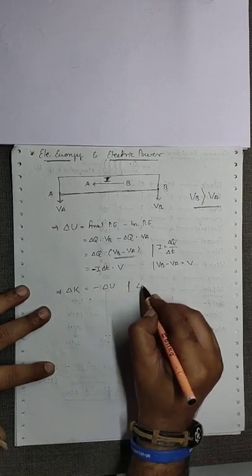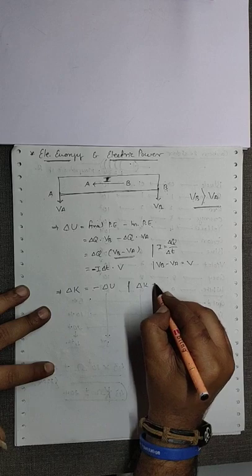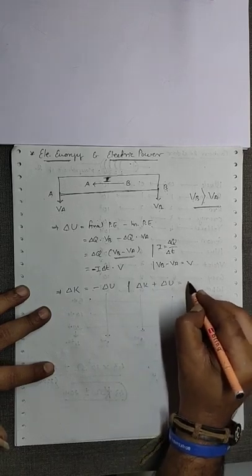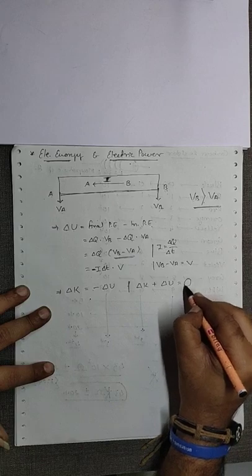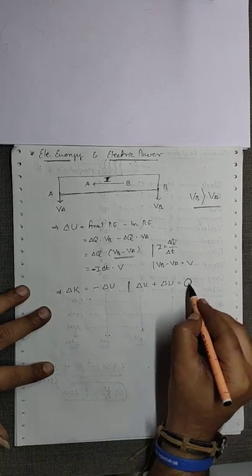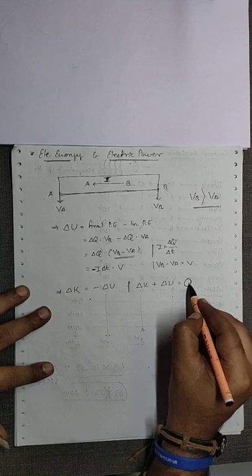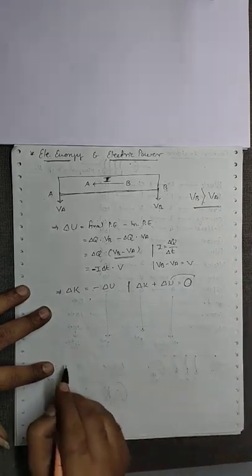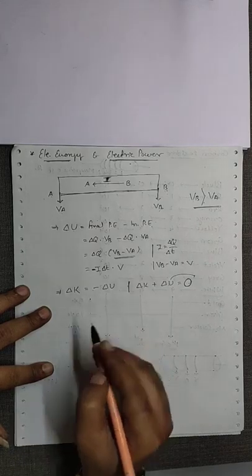What was it? That is delta K plus delta U, that is total energy, becomes 0. That means change in kinetic energy and potential energy is mechanical energy, and mechanical energy is always constant. Constant means it does not change. Take it on this side. Okay, so you will get the equation.